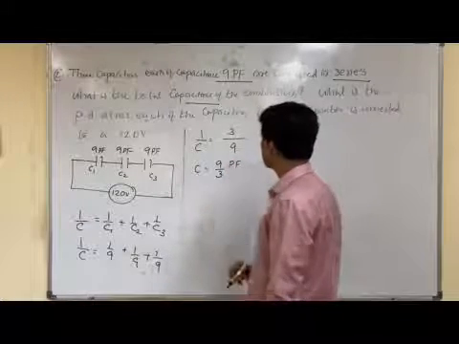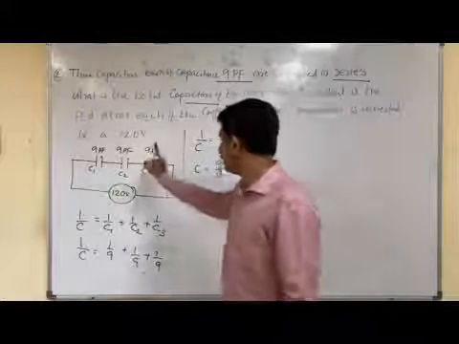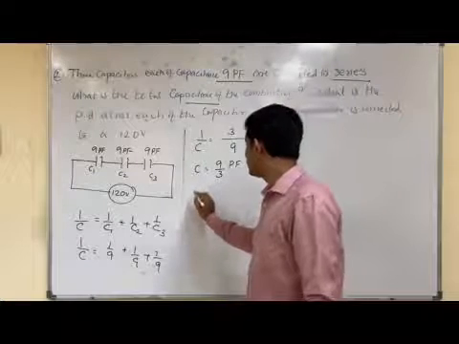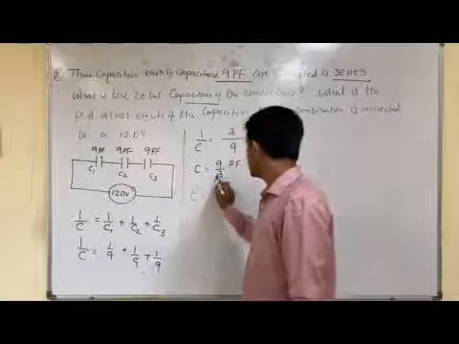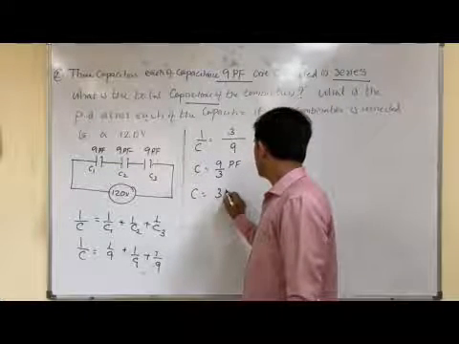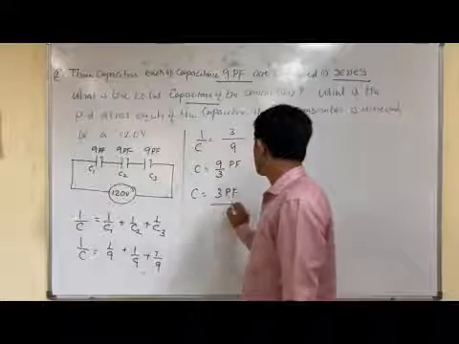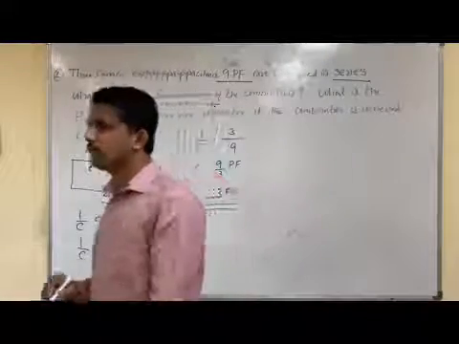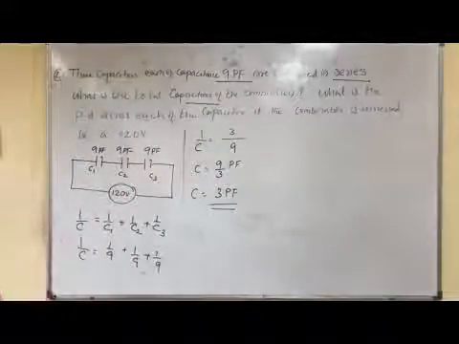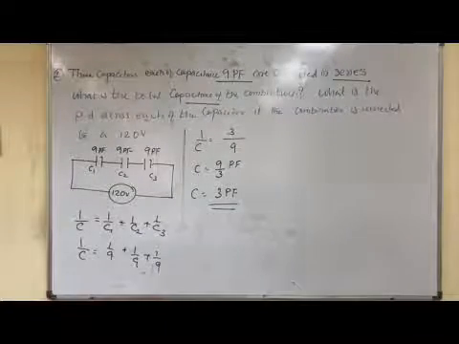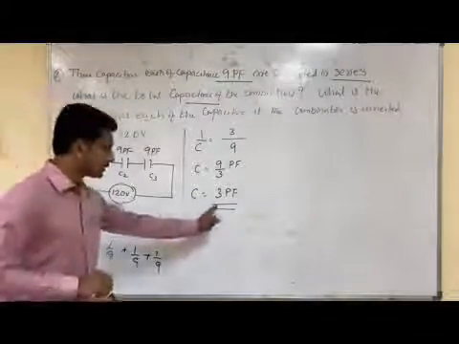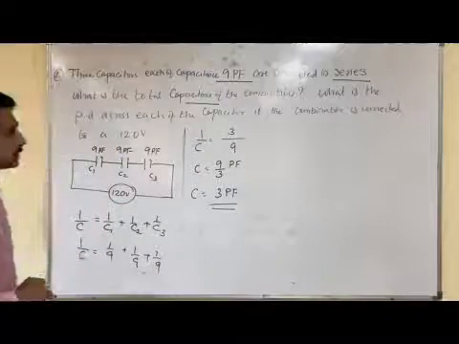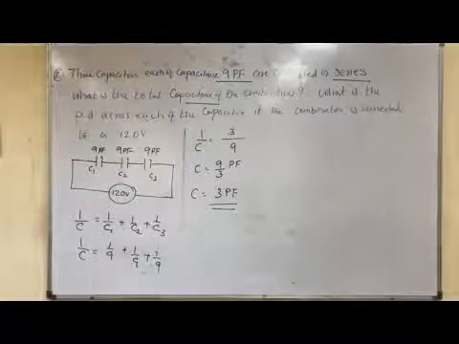So C is equal to 3. The effective capacitance is 3 picofarad. So when three capacitors are connected in series, the effective capacitance of this combination is 3 picofarad.